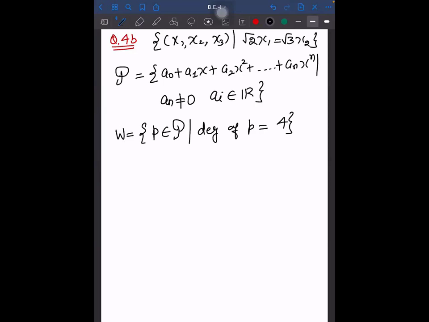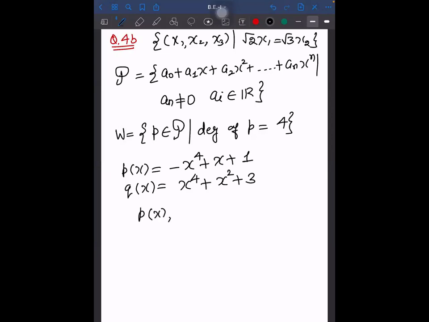How? You pick two elements. Let's say px, which is equal to this, and let's say you have qx, which is equal to this. So px and qx belong to W or not? Yes, because both have the degree 4. But what happens if you add px and qx?